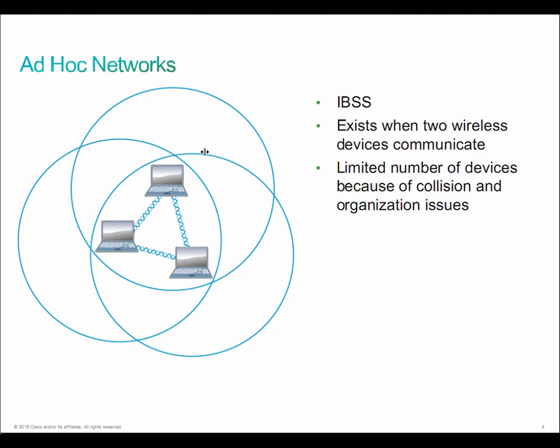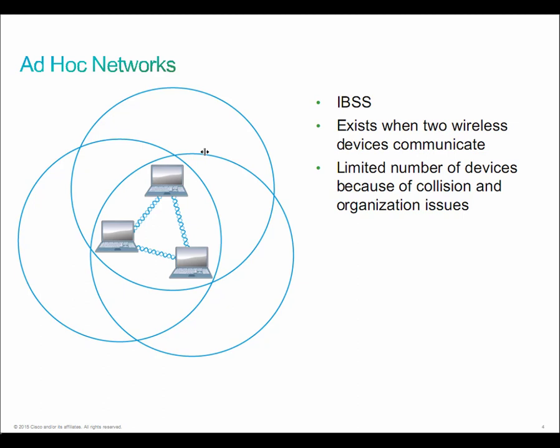But essentially, that's the area in which that device can communicate wirelessly. We'll talk about signal strength and signal to noise ratios, and we'll talk about how those basic service sets are managed a little bit later on. But an independent basic service set, like I said, is essentially just a computer-to-computer wireless communication, which is what we call an ad hoc network.